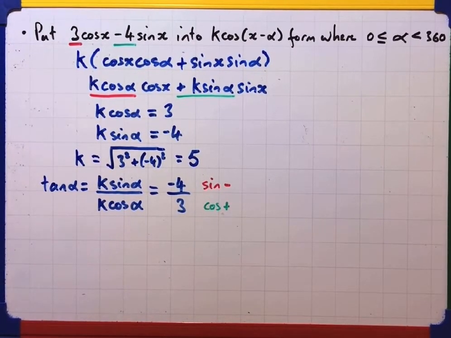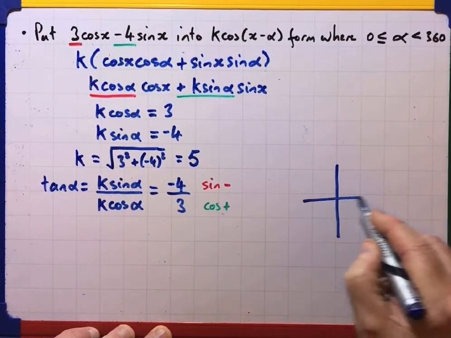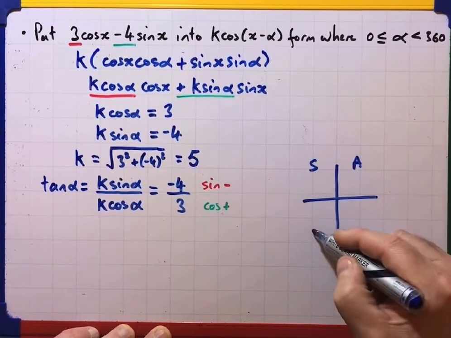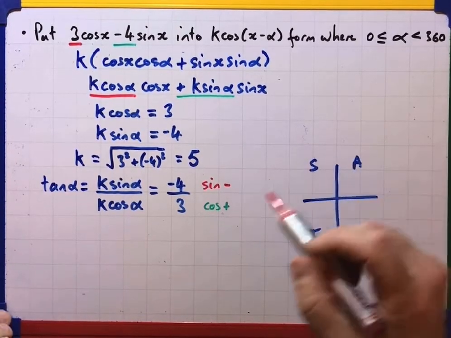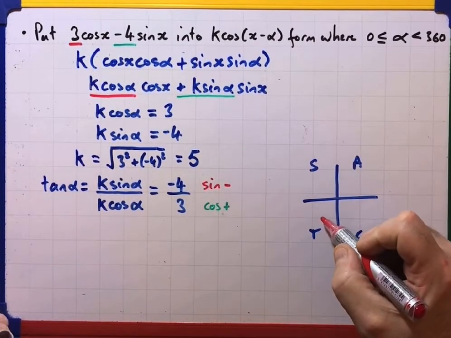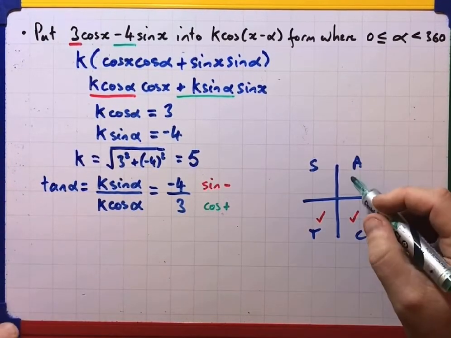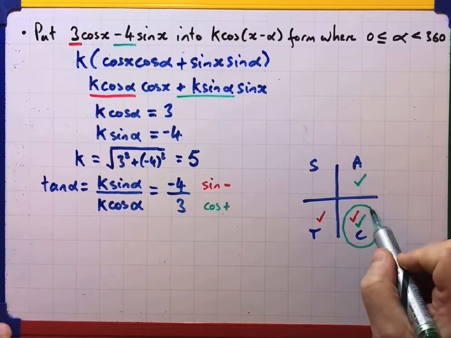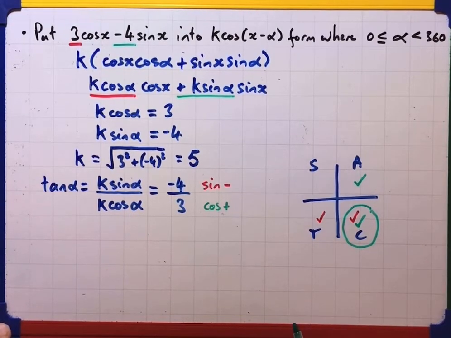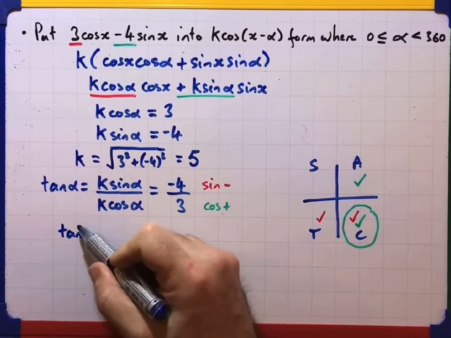So when we're doing our CAST diagram later on, remember all, sin, tan, cos: for sine negative, it must be either third or fourth, but for cos positive, it's got to be first or fourth. So we're talking about a fourth quadrant angle here.